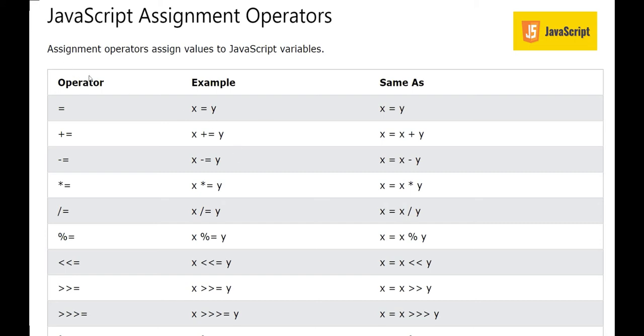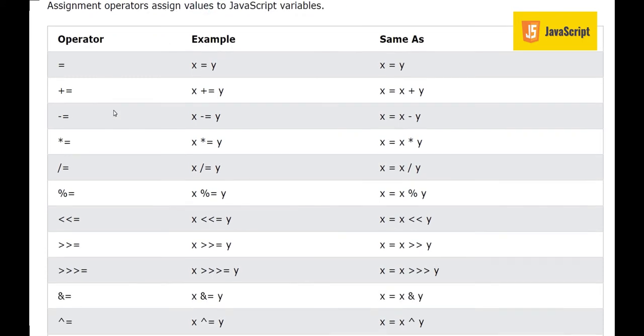So what are assignment operators? Actually, these assignment operators are used to assign values to JavaScript variables, right? So here we have the table of JavaScript assignment operators, and this is the way to write them in shorthand.